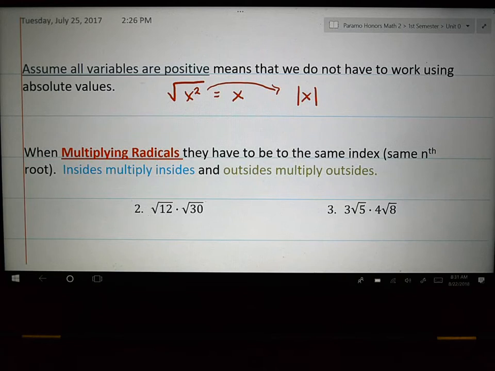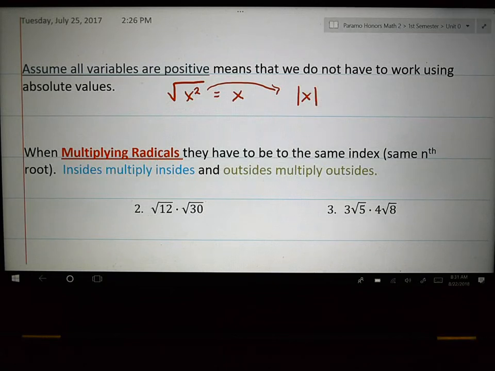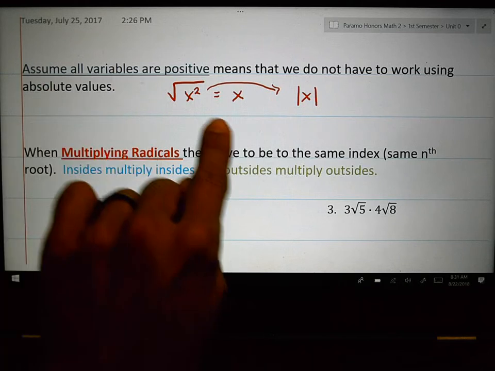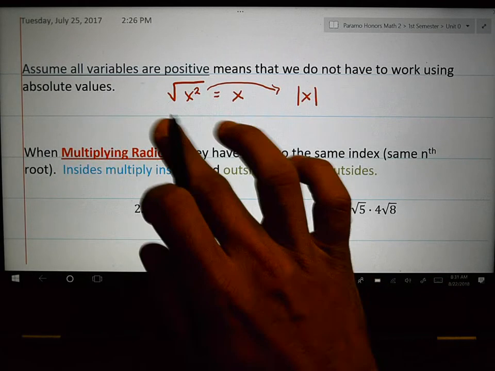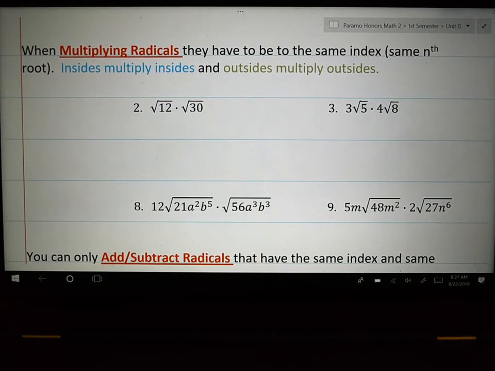The only reason I bring that up is I wanted you to know when it says assume all variables are positive, this is how we have been doing it in 0.2. We're going to continue to do it this way. If it didn't say this, this is how we would have to do it, and you wouldn't see anything like that unless, of course, it was like extra credit or a hard problem. Okay? All the problems are going to be like this.